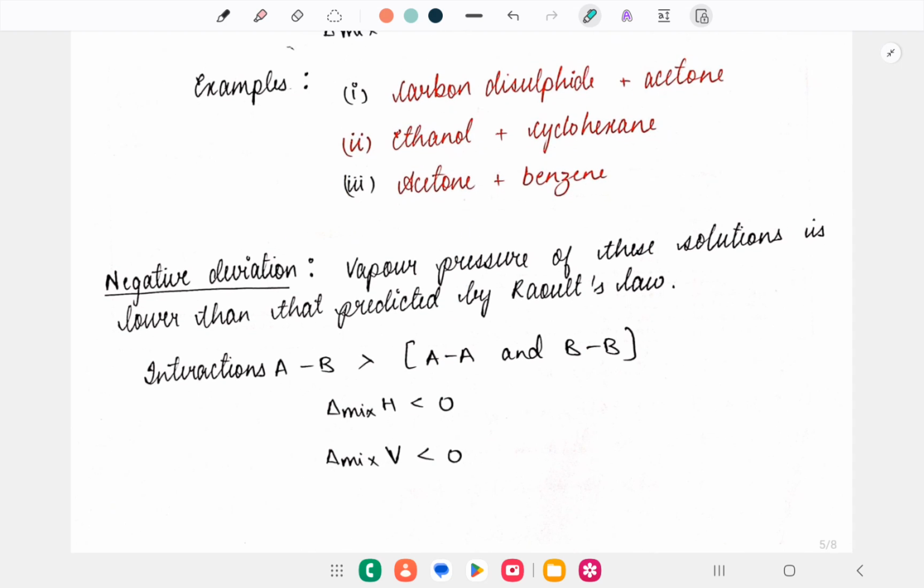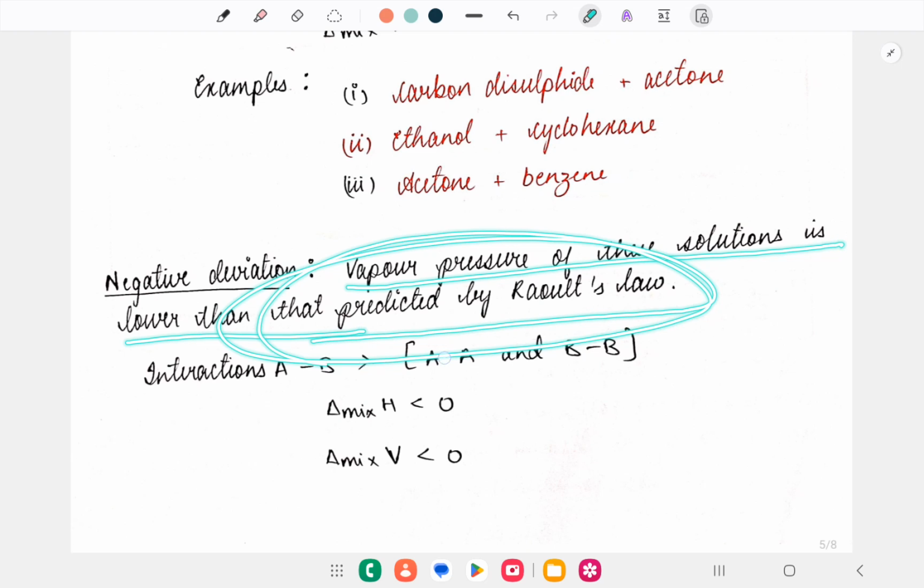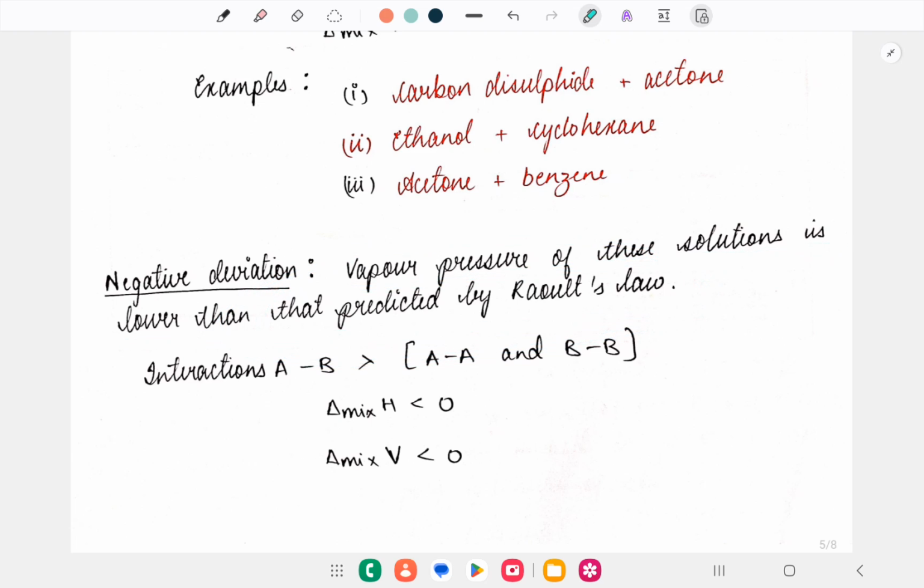Moving to the negative deviation. Negative deviation is when the vapor pressure of these solutions is lower than that predicted by Raoult's law. Here the solute-solvent interactions are stronger in comparison to solute-solute or solvent-solvent interactions, and the enthalpy of mixing of pure components is negative.